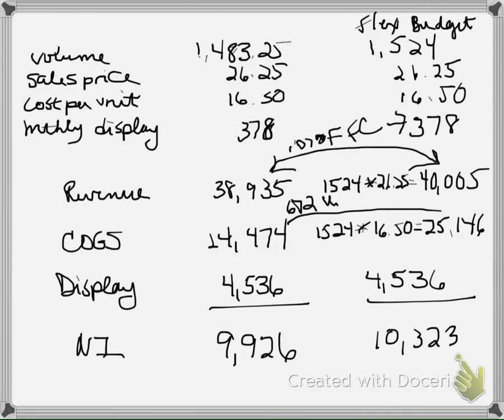It's unfavorable because costs went up, which means net income would go down. We know costs went up for maybe a good reason, because sales volume went up. But costs go up, which means net income goes down. So I have an unfavorable variance in my cost of goods sold. And this $672 variance is completely caused by the fact that we sold more products. Now I've separated out that effect.